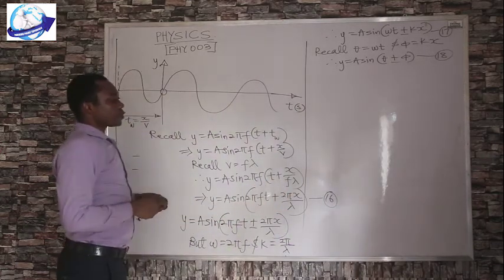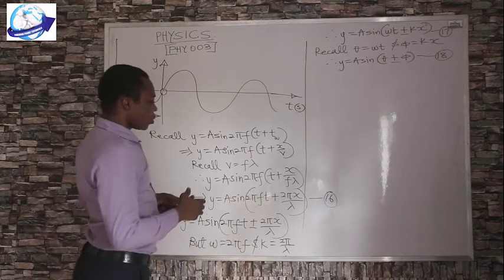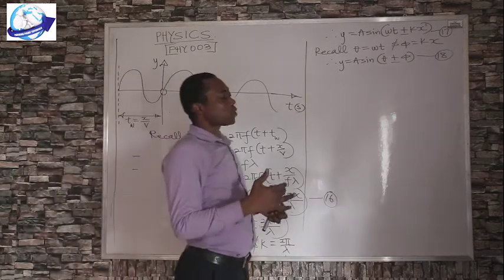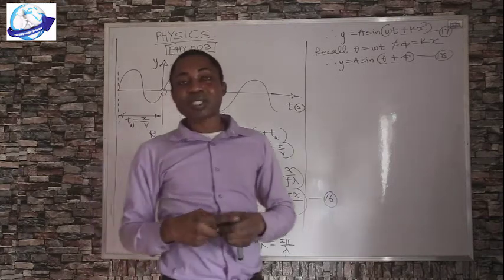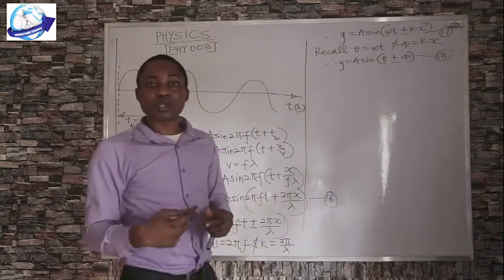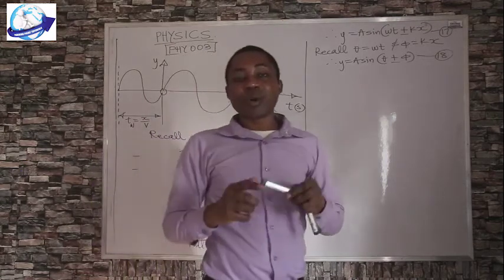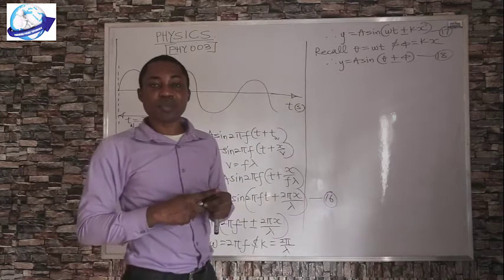All these are the various types of wave equation. We have equation 11, 12, 13, 14, 15, 16, 17, 18, and even the one before equation 11, the one that has to do with the wave and the counting time starting from the origin. They are all the same wave equation.